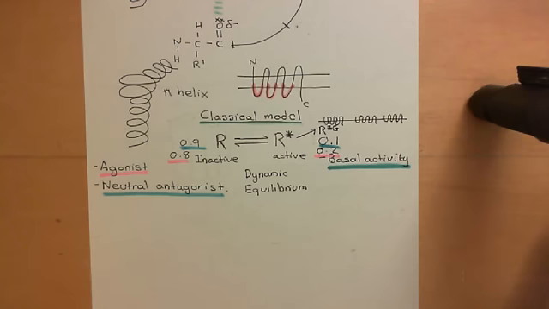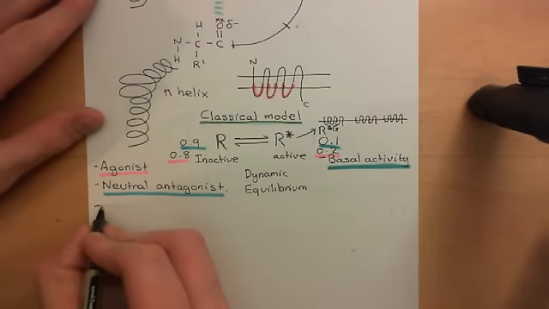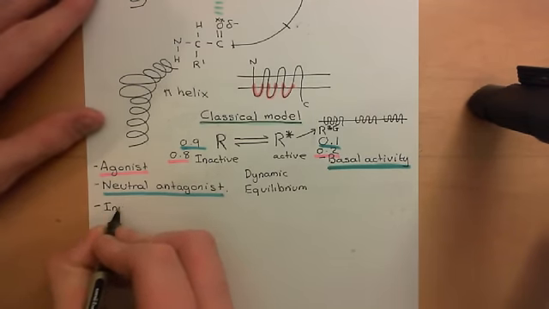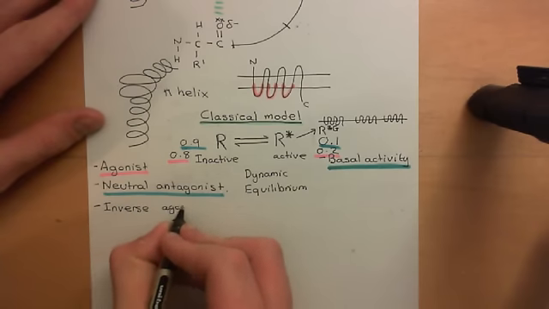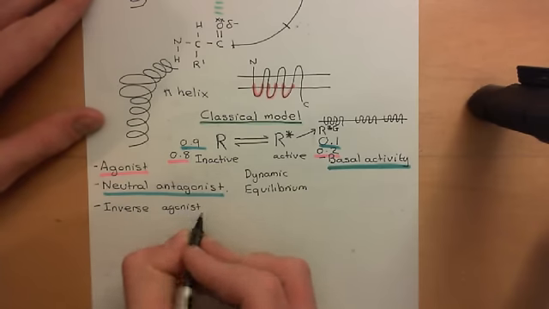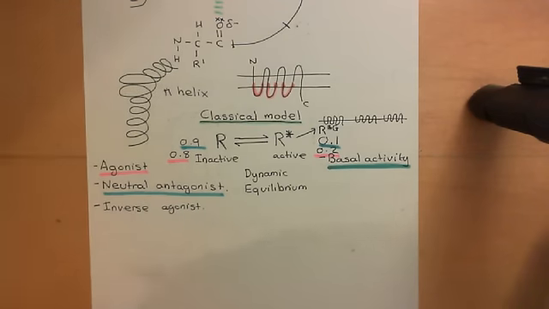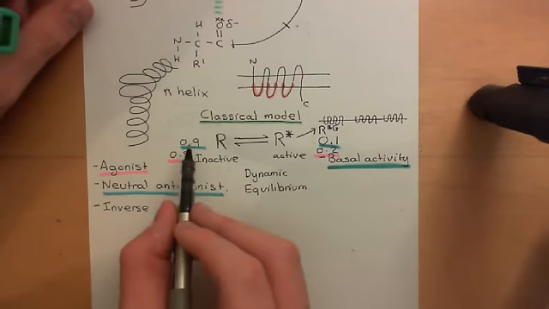Okay, and although we call a lot of drugs antagonists to certain receptors, they usually are not quite neutral antagonists. Usually they are actually this third type of drug, which is an inverse agonist. Okay, and what an inverse agonist does is it actually does the exact opposite of an agonist. It favors the inactive state.